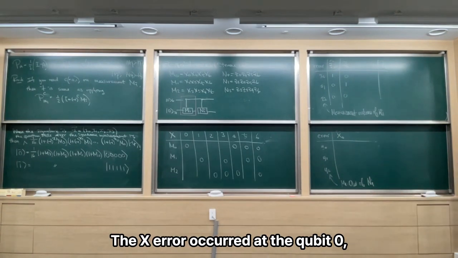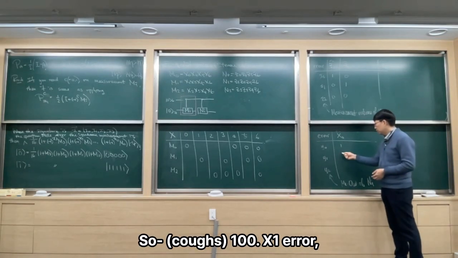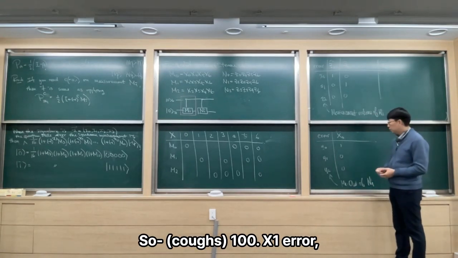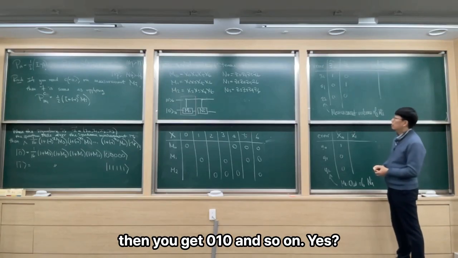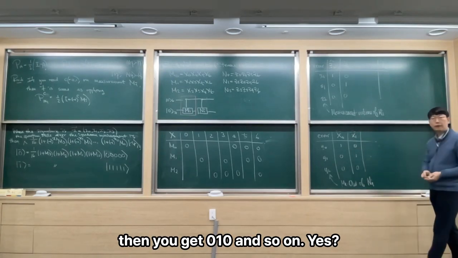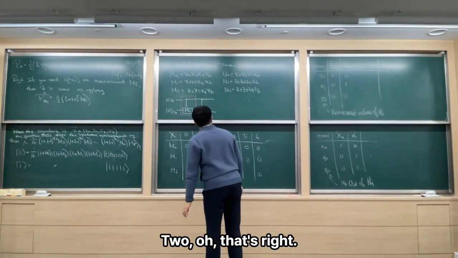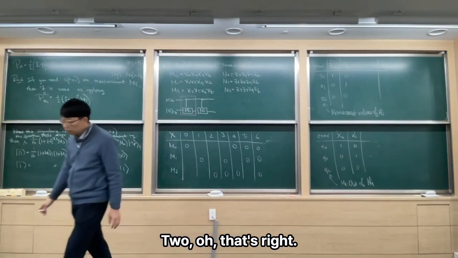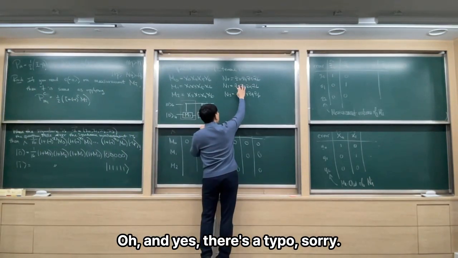So an X error occurred at qubit 0. Well, it's exactly the same thing. 100, X1 error, then you get 010, and so on. Oh, that's right, there's a typo, sorry. So 1 here.